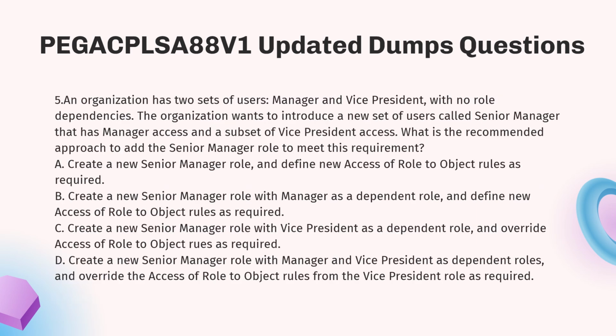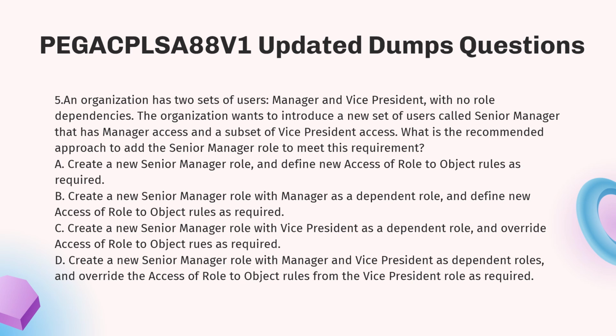5. An organization has two sets of users, manager and vice president, with no role dependencies. The organization wants to introduce a new set of users called senior manager that has manager access and a subset of vice president access. What is the recommended approach to add the senior manager role to meet this requirement? A. Create a new senior manager role, and define new access of role to object rules as required.